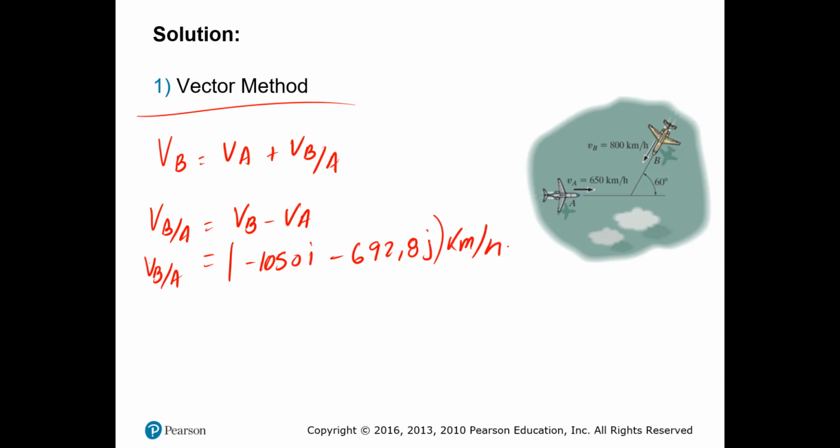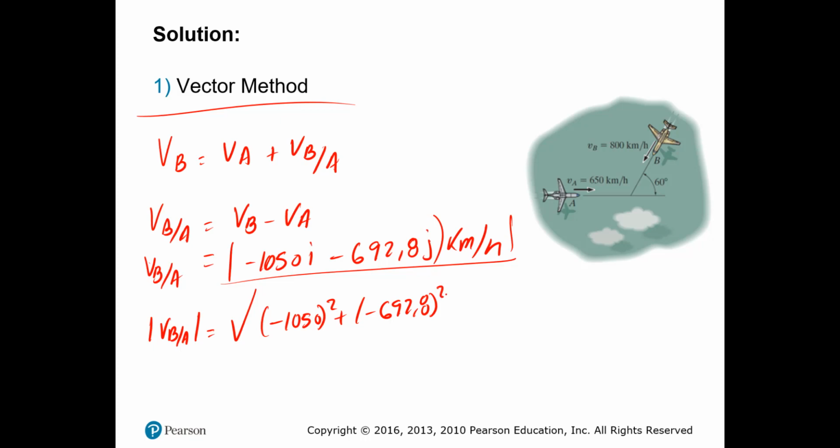So what is left for us to do now that I have the vector is to change that into scalar values. In order to get the magnitude of VB/A, I just have to get the square root of its components squared, the square root of all that, and I get a total of 1258. And please check my math.